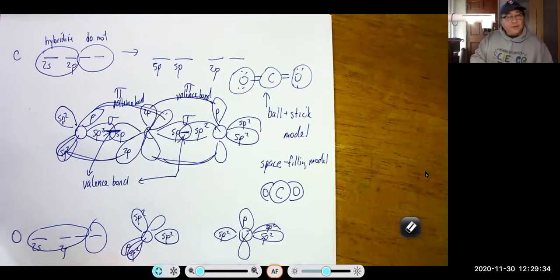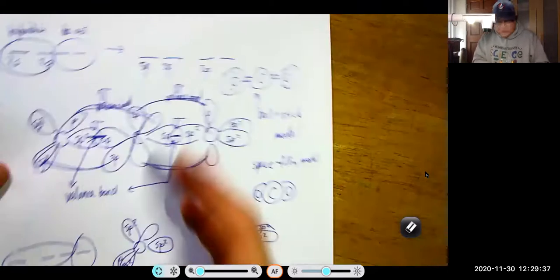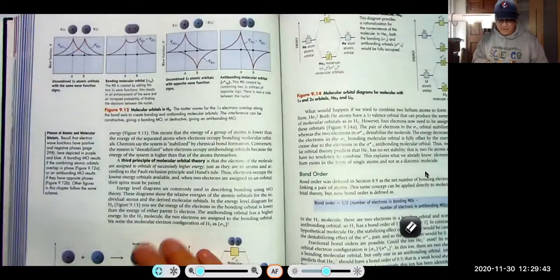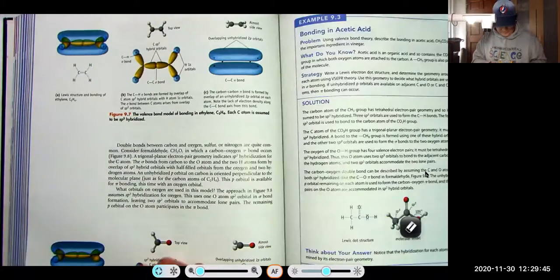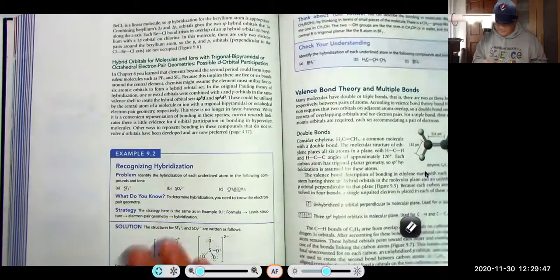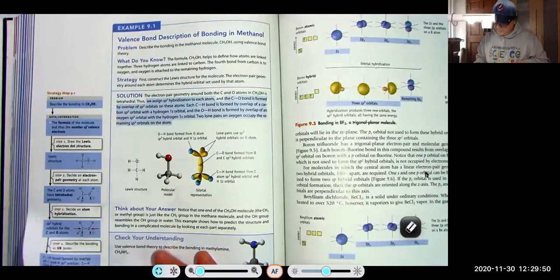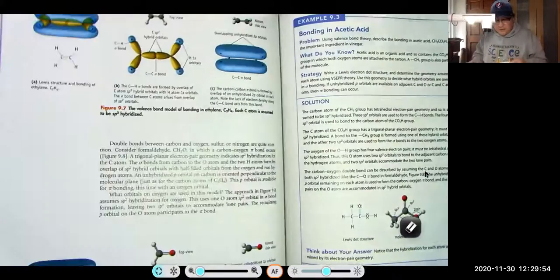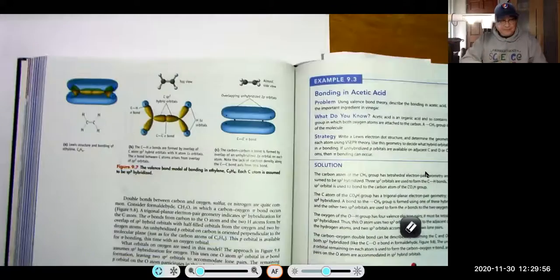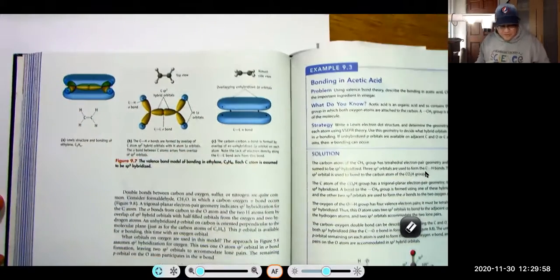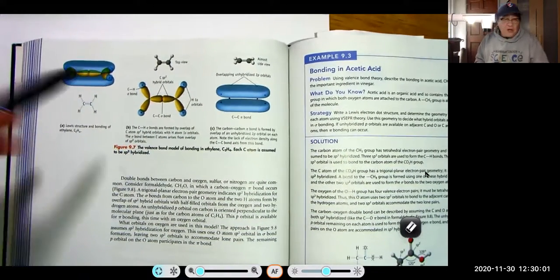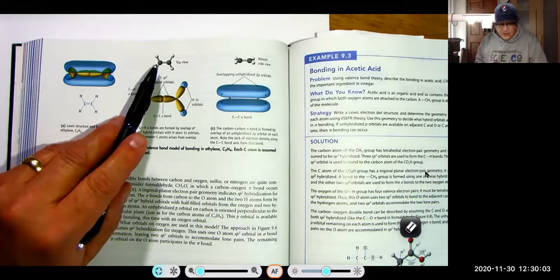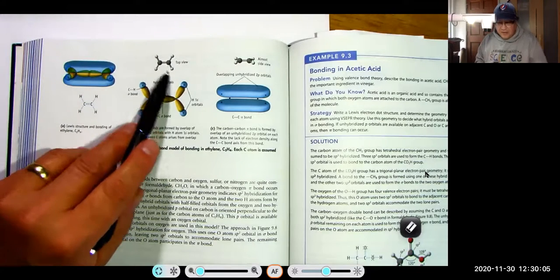So let me show you what the book does for a drawing that is supposed to be like this. Here's the book doing a similar drawing. So let me explain what's going on here. This is the molecule we're looking at, CH2 with a double bond right here.